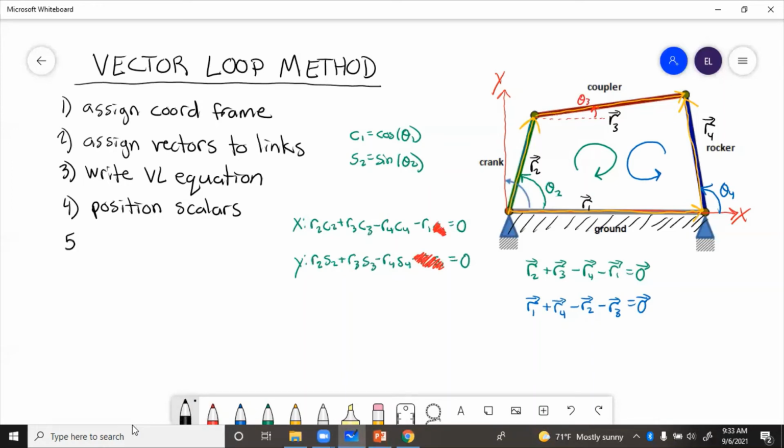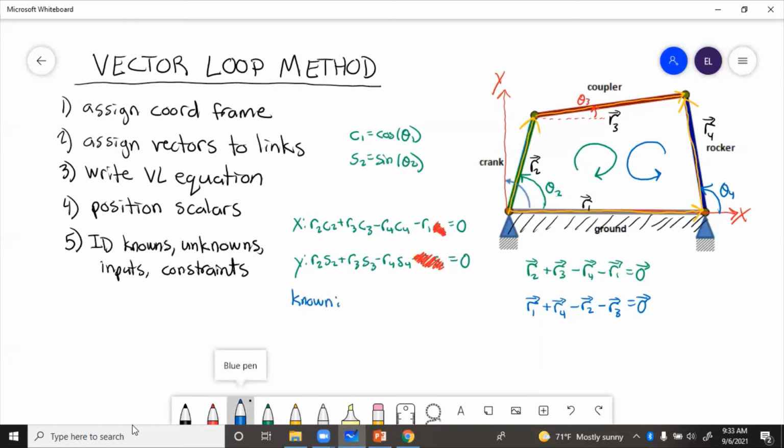So step 5 is to identify knowns, unknowns, inputs, constraints. So knowns are constants. So that is anything that you can measure at the beginning and it doesn't change, things that you would actually know. So let's make our list of knowns. So what's constant here?